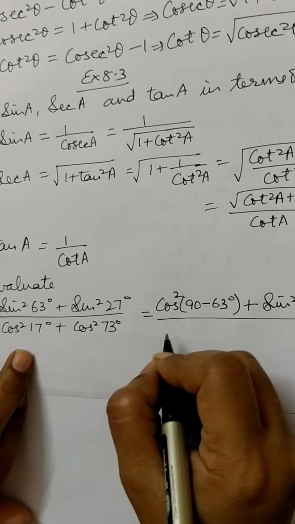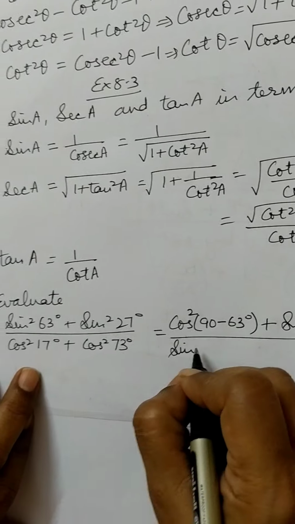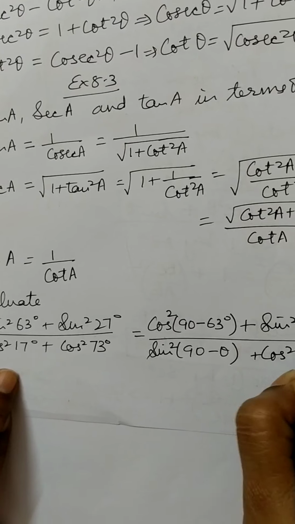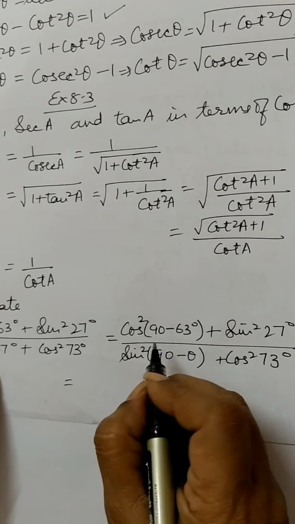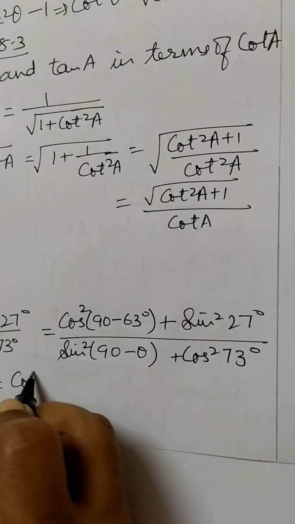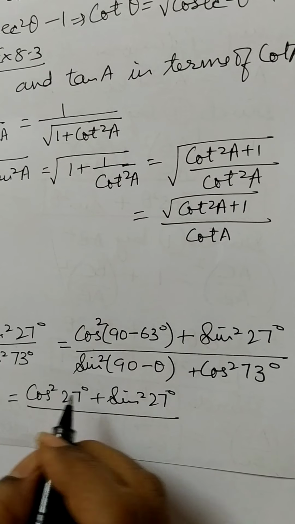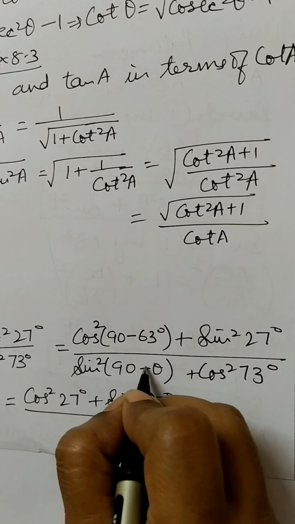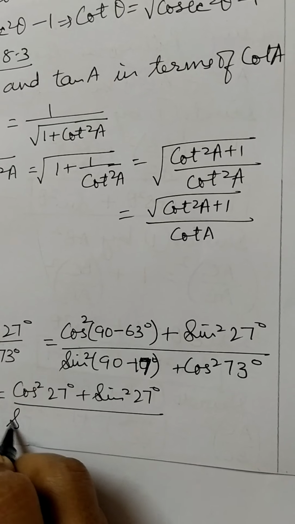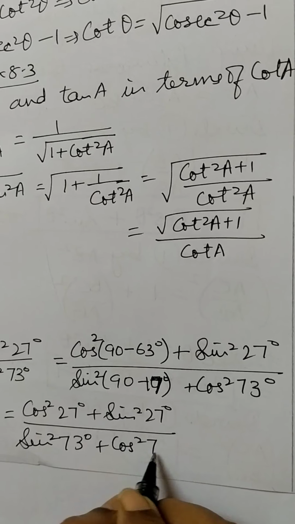Similarly, in the denominator, cos theta can be written as sine 90 minus theta. So here I am writing cos 17 as sine 90 minus 17, squared, plus cos square 73. In the numerator, what is 90 minus 63? It is 27. So it becomes cos square 27 plus sine square 27, and in the denominator theta was 17, so 90 minus 17 is 73. It becomes sine square 73 plus cos square 73.